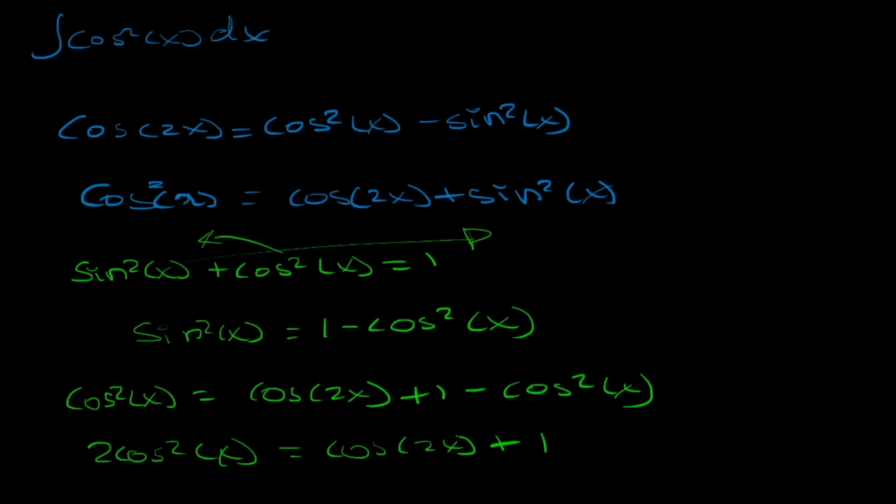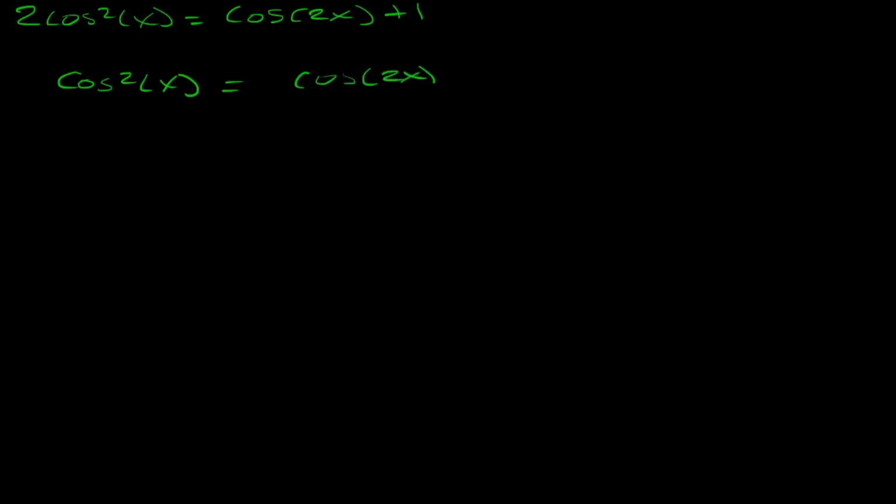This seems really interesting. If I divide both sides by 2, I've rewritten cosine squared of x in terms of cosine of 2x. And as I mentioned before, this seems to be a regular integration problem.